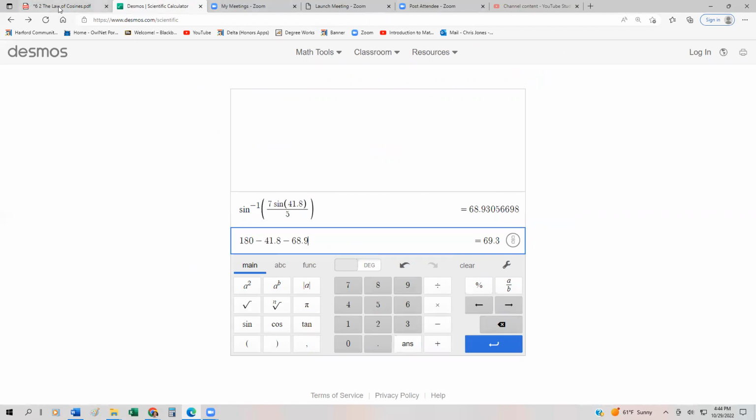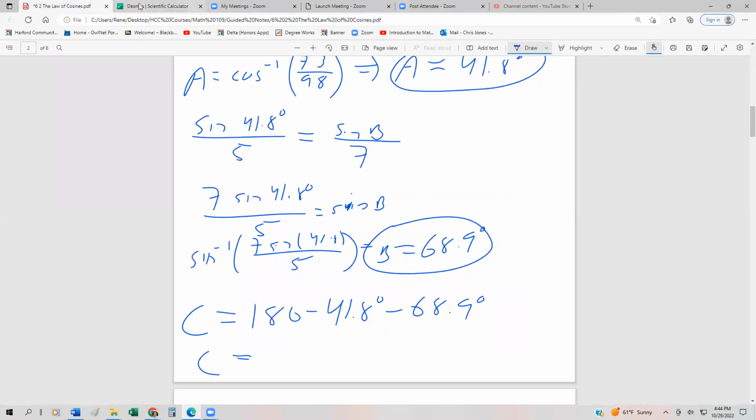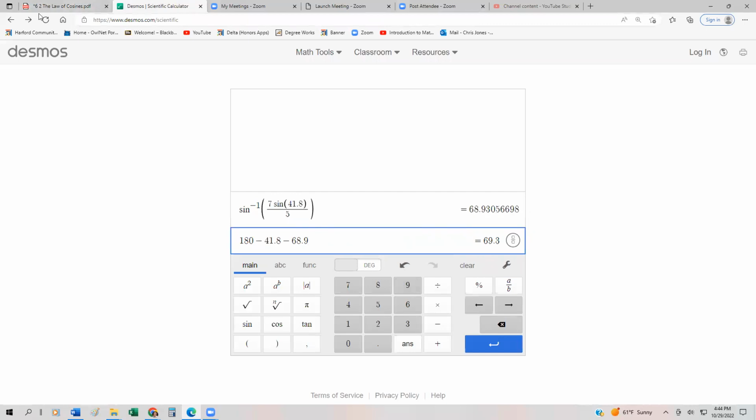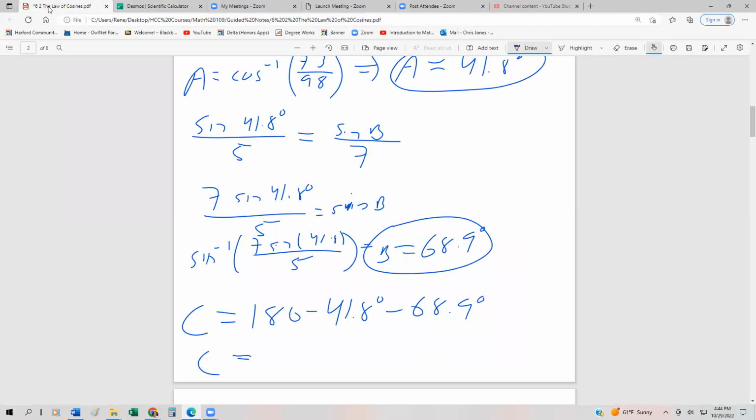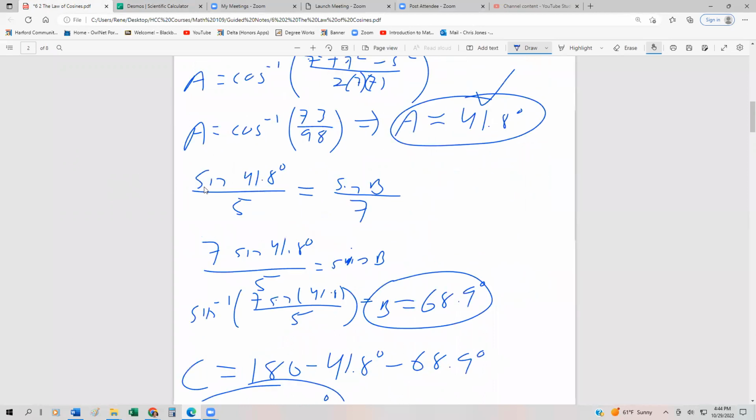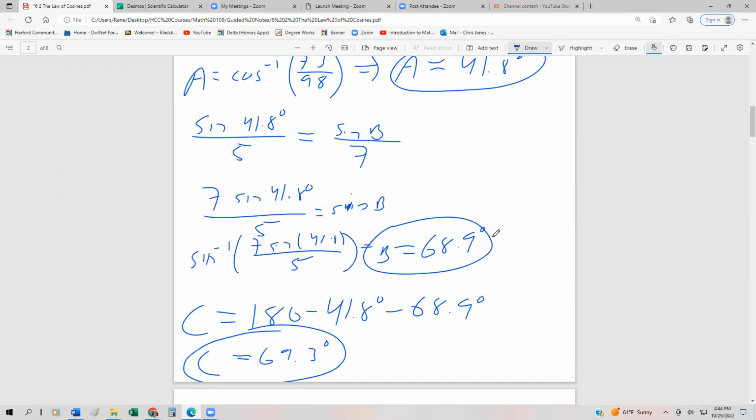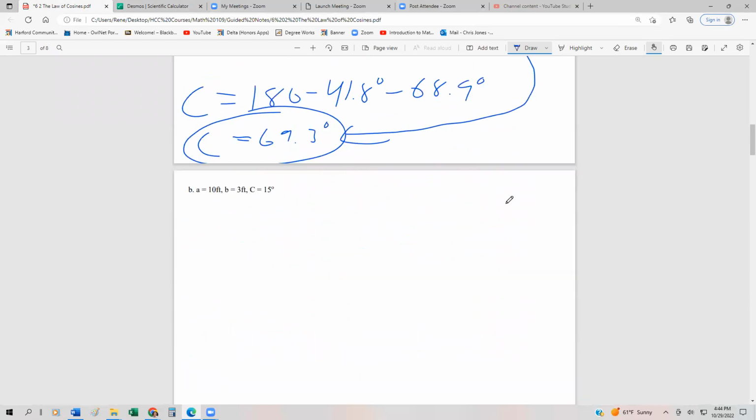Let me just check those numbers really quickly. We get 69.3. All right, so those are going to be our 3 angles. Now be careful because these are approximations. These 2 angles should technically be the same, but we had some round off there. So just be careful of that.